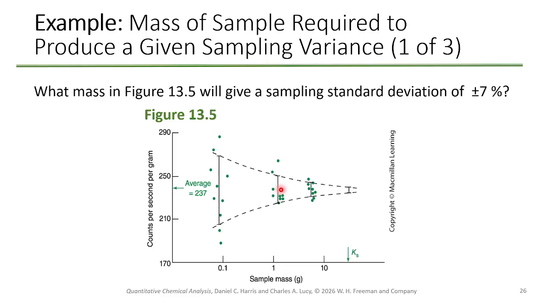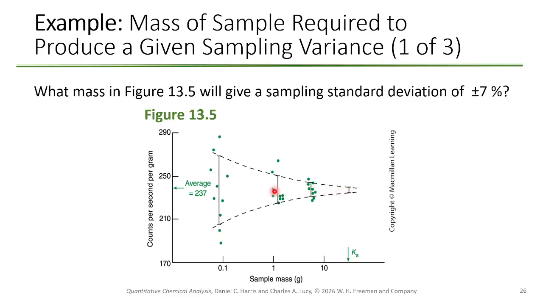If we went this way, we'd get a smaller standard deviation, wouldn't we? Let's say our testing analytical technique is only plus or minus 7%. Does it really make sense to go over here? No, not really, right?